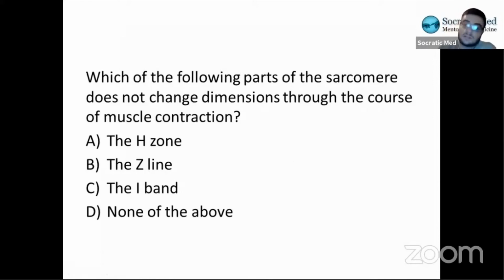So I wanted to ask this question. I'm going to open up a poll, and I just wanted to see if you guys can answer this. Which of the following parts of the sarcomere does not change dimensions, which means just length or size, during the course of muscle contraction? Please take some time to answer this.